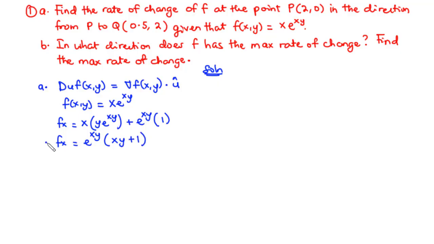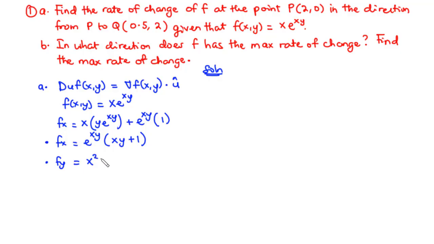So that is fx, and then for fy, x is going to be a constant, so that is x. We differentiate e to the power xy with respect to y, so we differentiate xy and have 1 times x, which is x. We drop down x, we have e to the power xy. So basically this becomes x squared times e to the power xy.